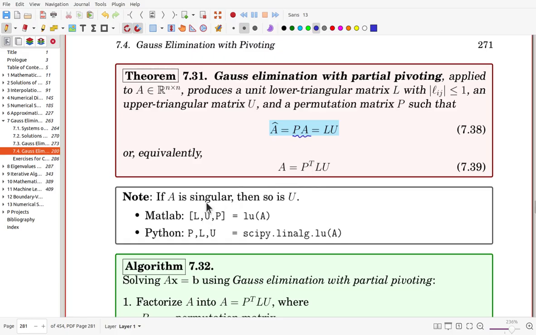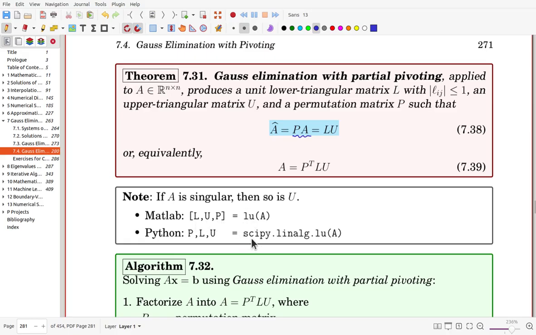If A is singular, then U is singular. And if U is non-singular, then A is non-singular. You can easily see that. You can use MATLAB or Python. When you use MATLAB, the output is given in this way: L, U, P, and the command is lu.